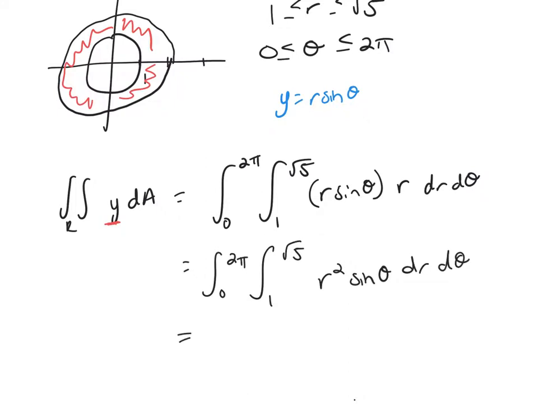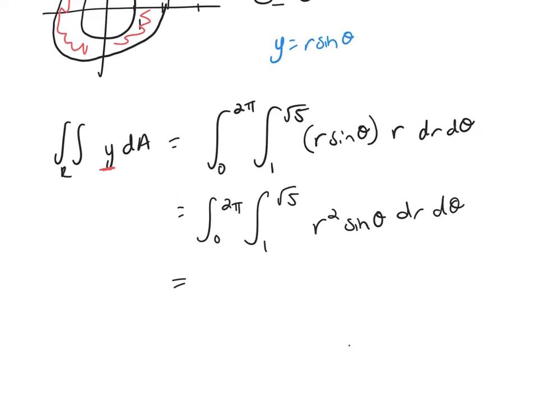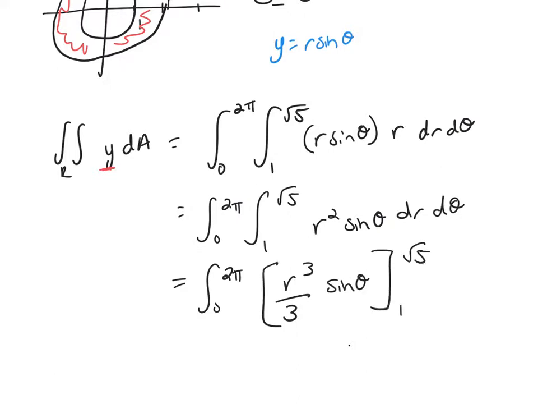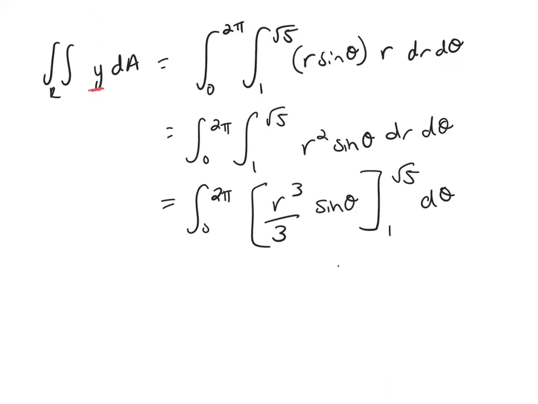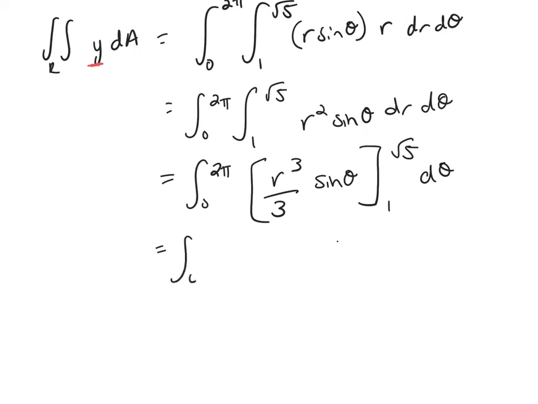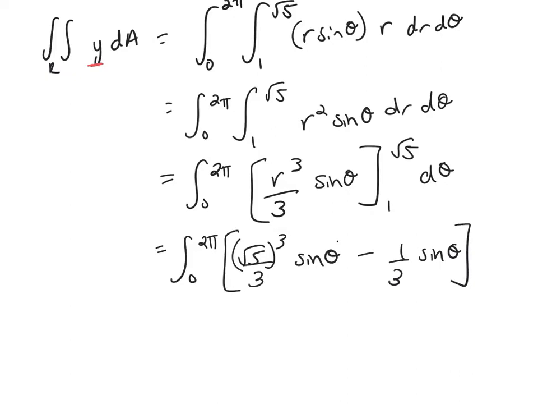So the first thing you're going to do is integrate with respect to r. So you're going to get r cubed over 3 sine theta. So then you're going to get the integral from 0 to 2 pi, and it's square root of 5 cubed over 3 sine theta minus 1/3 sine theta d theta.